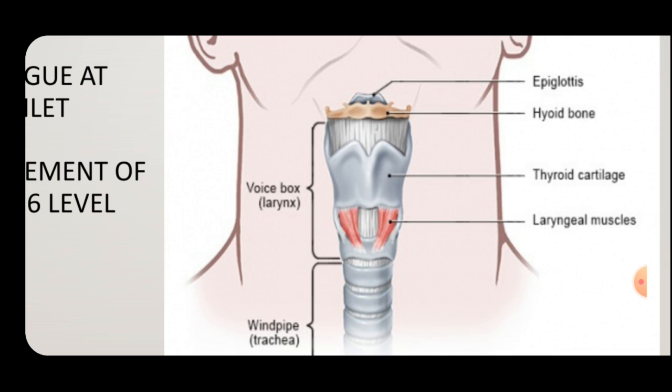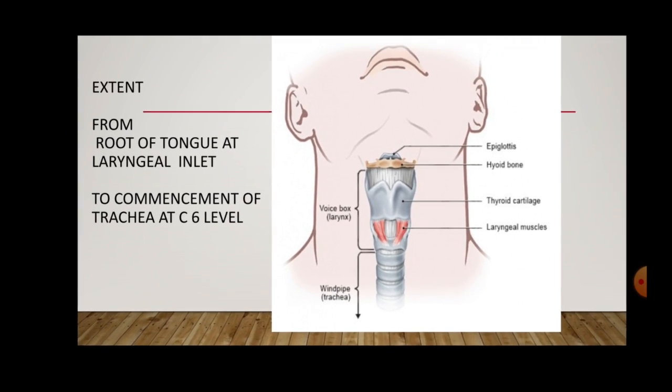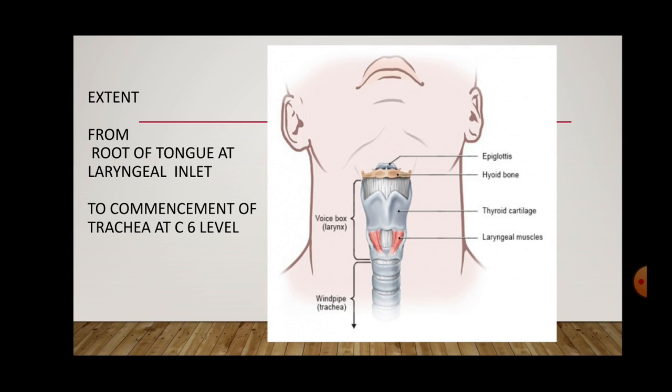That is at the level of C3, and it ends at the level of C6 where it continues as the trachea. So that is the extent of the larynx, from C3 to C6 cervical vertebral level.